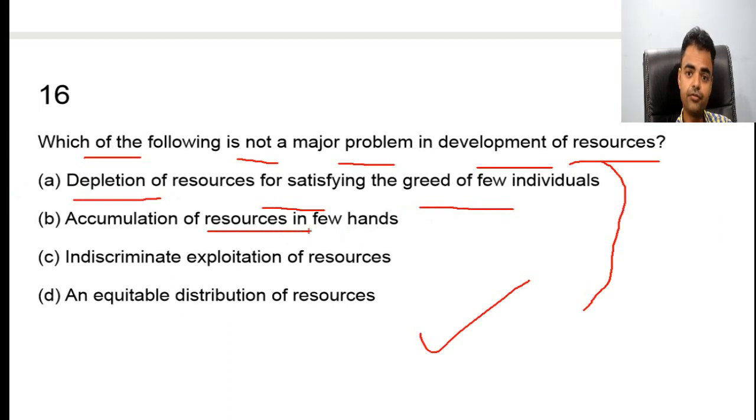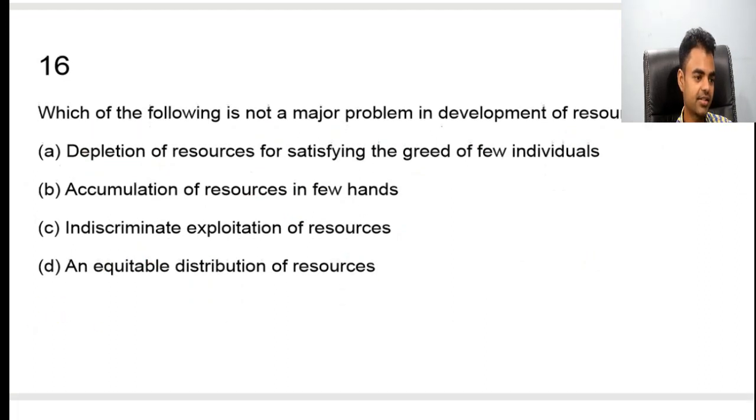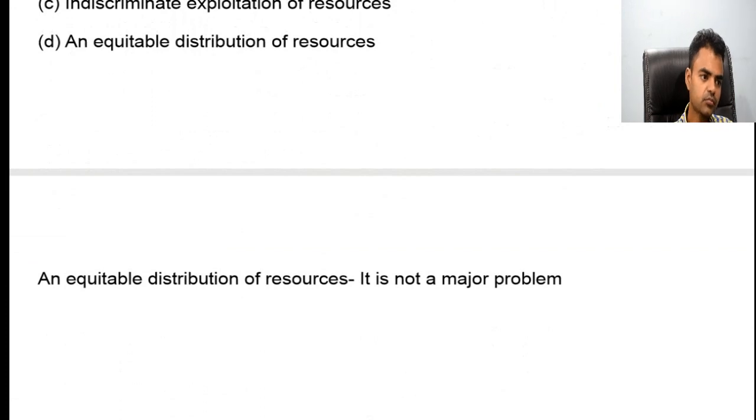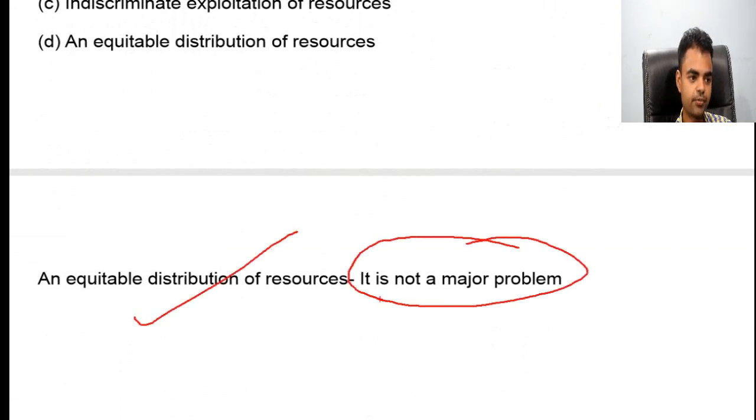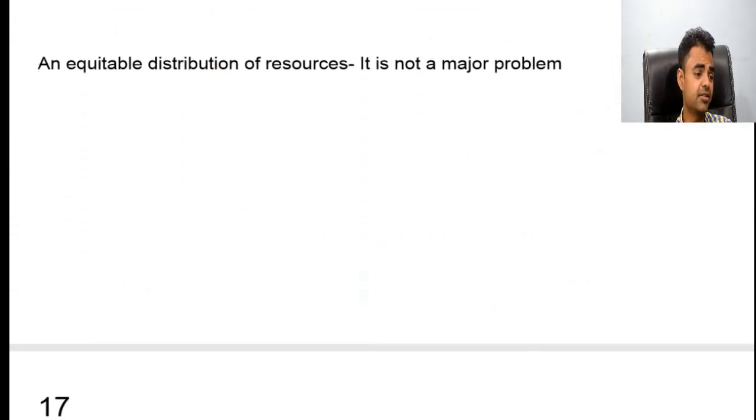Accumulation of resources in few hands, of course, will create major problems. Discriminate exploitation and equitable distribution of resources. So definitely option D is the most accurate answer according to me. Let's see the answer. Yes, option D is the correct answer because it is not a major problem. Yes, of course it will create some problem, but it is not a major problem.